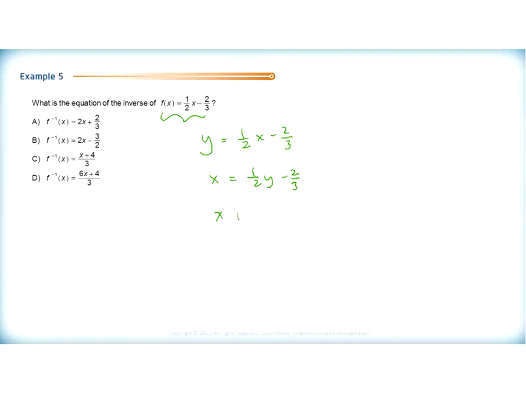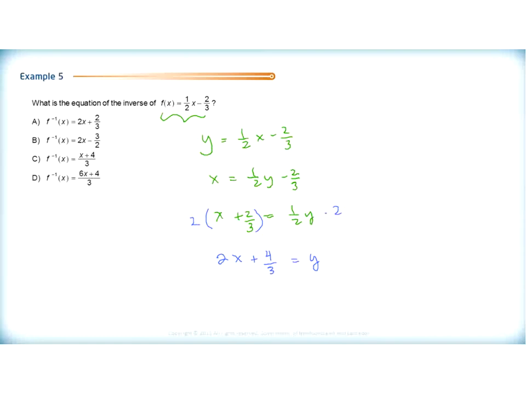To solve for y, I simply need to multiply both sides by 2. Don't forget to multiply everything by 2. And I get 2x plus 4 over 3 equals y.